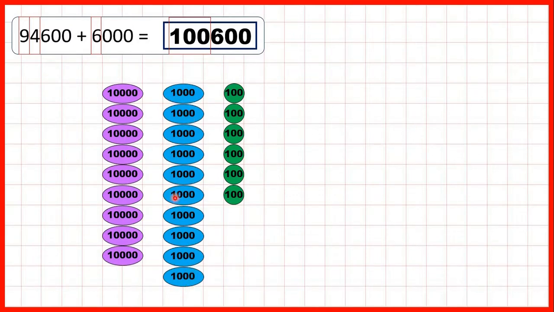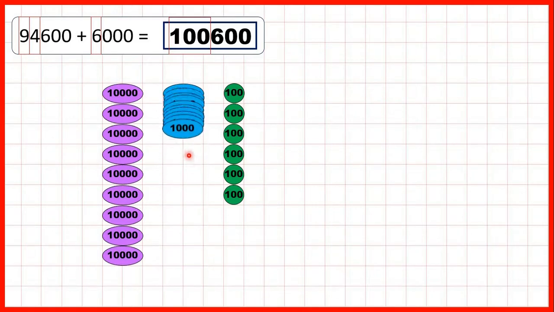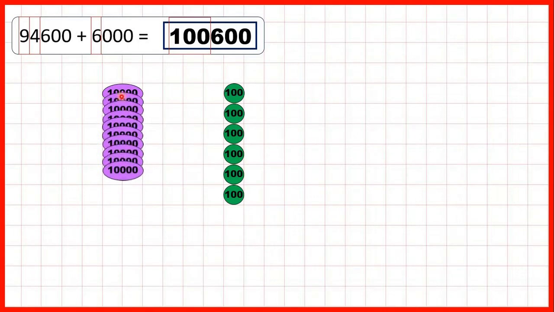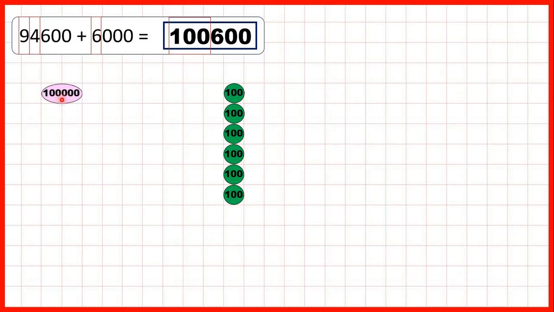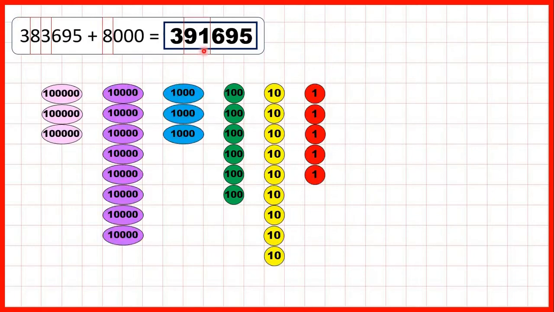But because we can only have one digit in each place value, we need to exchange those 10 thousand counters for one 10,000 counter. But now, because we've done that, we have 10 10,000 counters. So we need to exchange those for a 100,000 counter. And that's why our answer is 100,600.